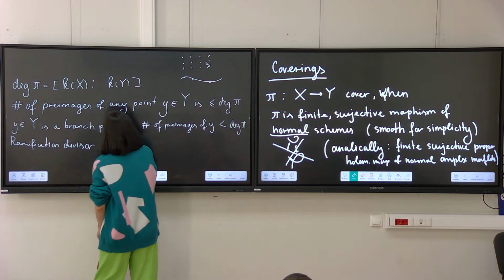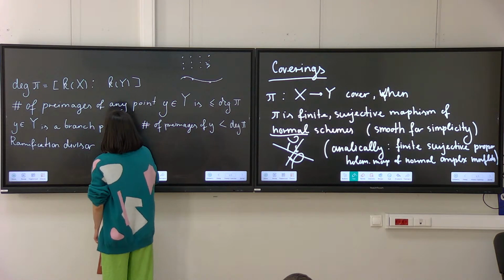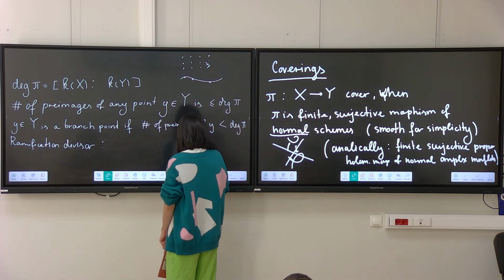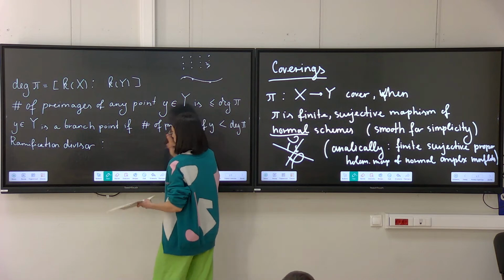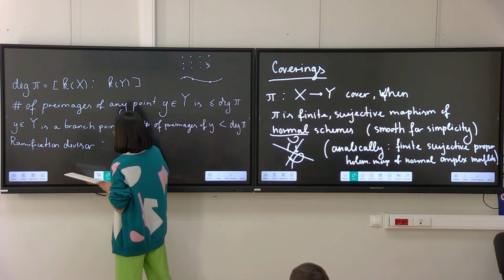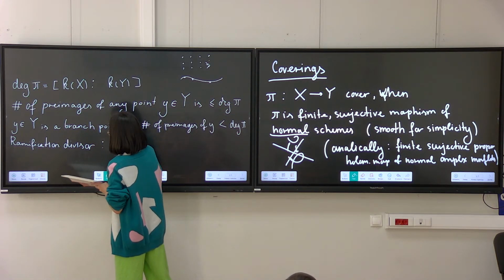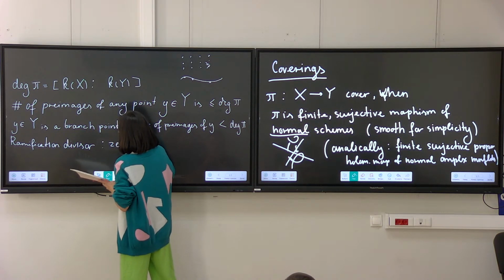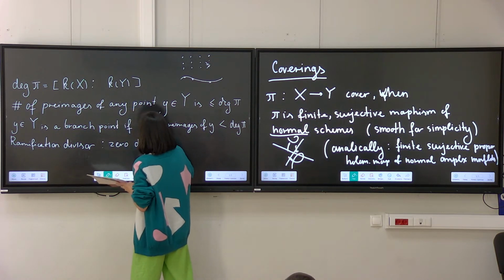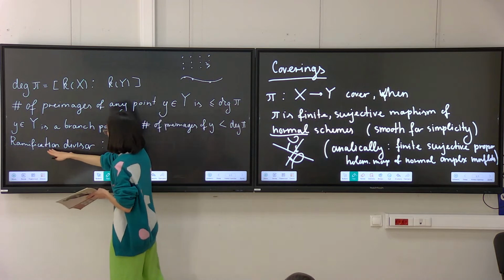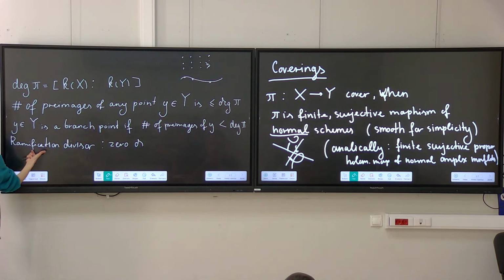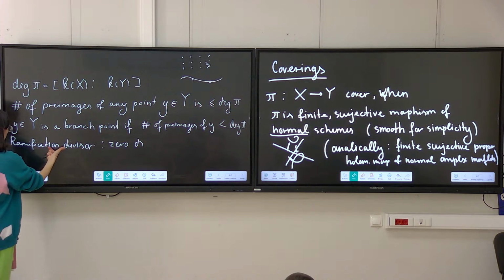Let me first state it in the following way, and then I will explain what it means. So this is 0. Intuitively, it is clear what this divisor parameterizes.